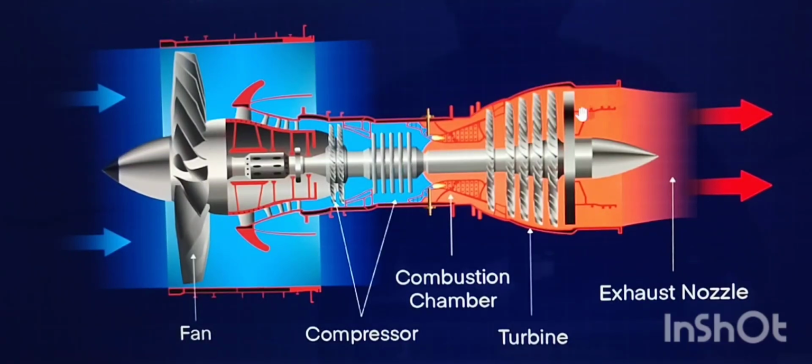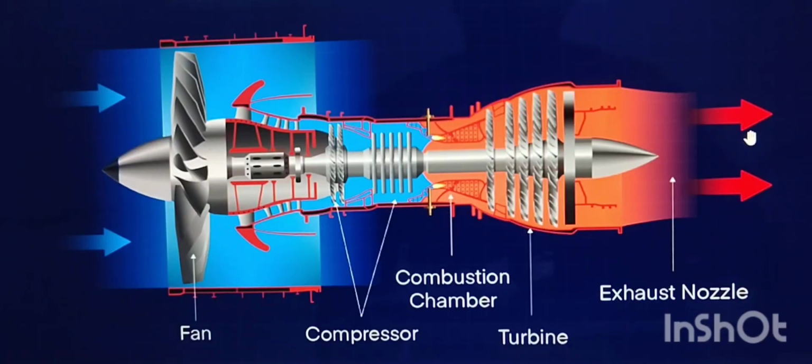At the same time, after rotating the turbine, the burnt combustion air with high velocity will exit from the engine and create a reaction force like a jet thrust.